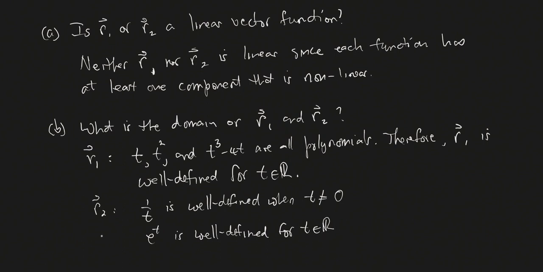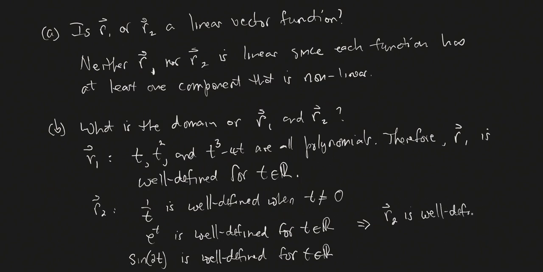And that's also true for your trigonometric function. So the sine of 2t is well defined, again, for all values of t. So for R2 to be well defined, all three of these requirements would have to be satisfied. So that means t cannot be equal to 0. So this implies that R2, the entire vector function, is well defined for t not equal to 0, right?